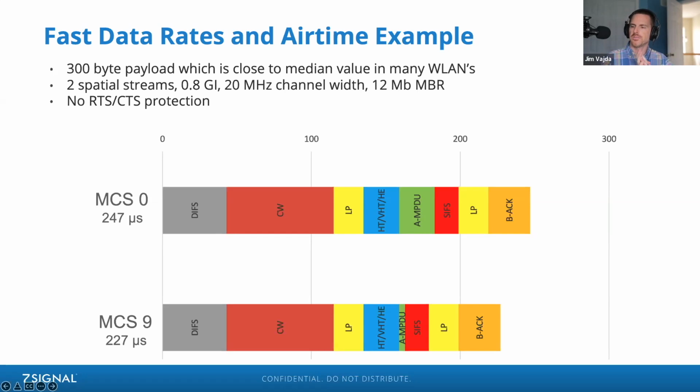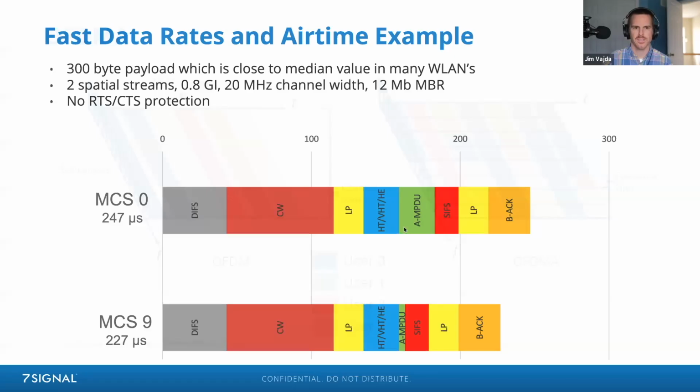Well, the issue is with the channel access protocol and all the backwards compatibility and legacy baggage that Wi-Fi has accumulated over the years. If we look at the first 2 fields here, the DIFS and the CW, it's actually probably an AIFS.